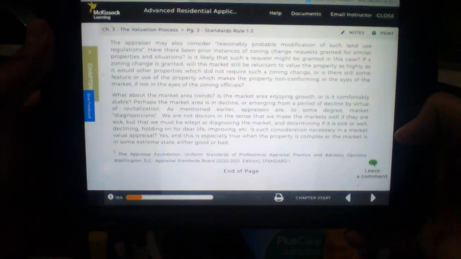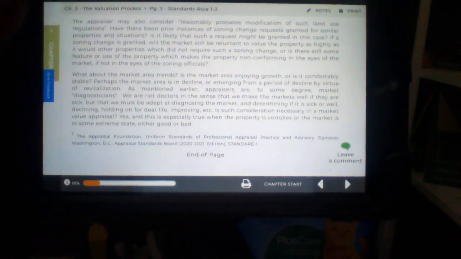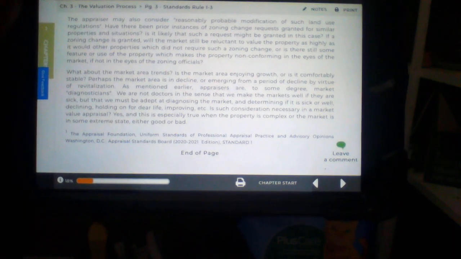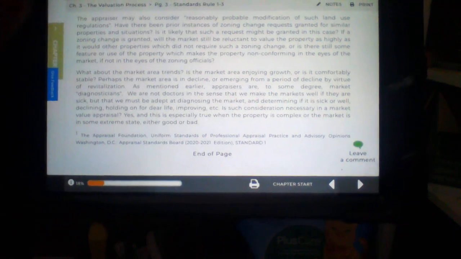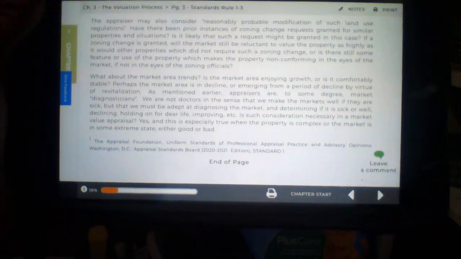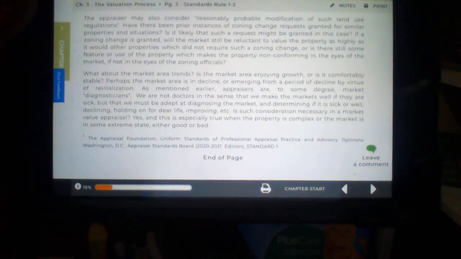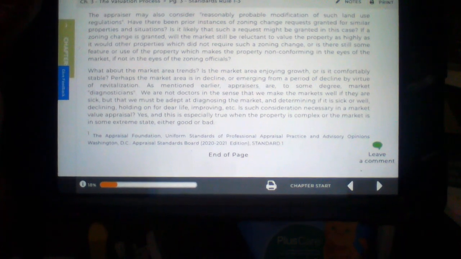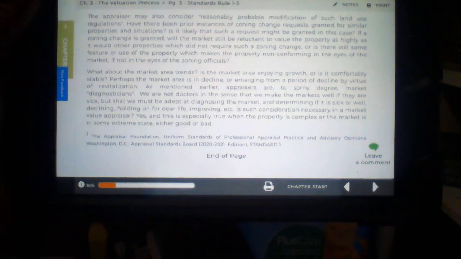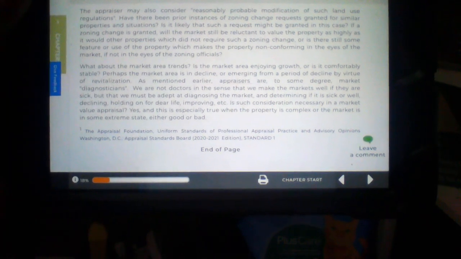The appraiser may also consider reasonably probable modification of such land use regulations. Have there been prior instances of zoning change requests granted for similar properties and situations? Is it likely that such a request might be granted in this case?